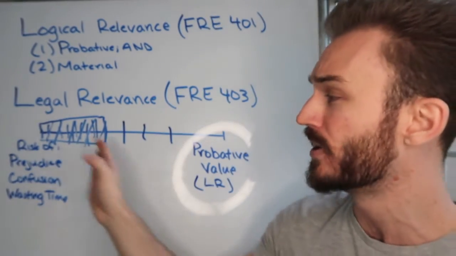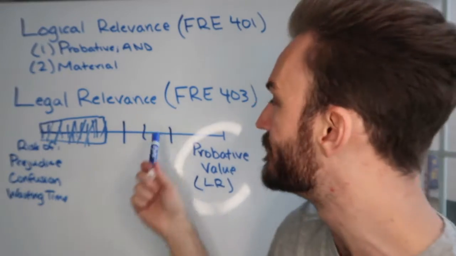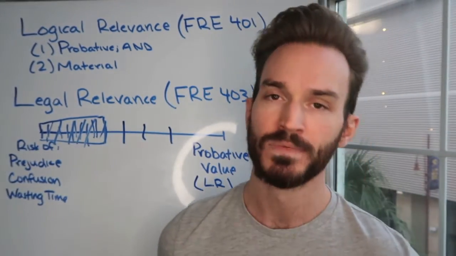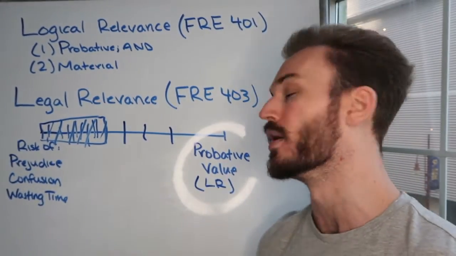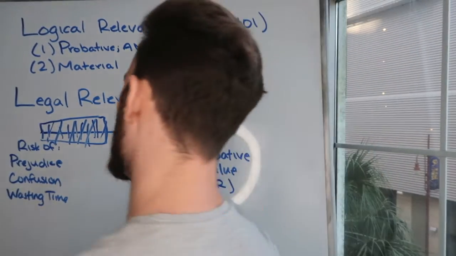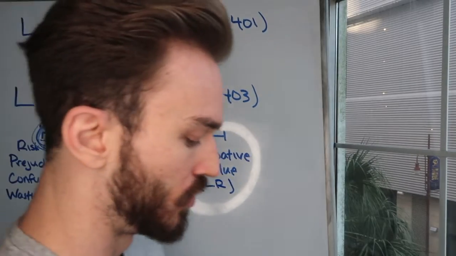If there's risk of unfair prejudice and little probative value, it's probably going to fail a 403 test under legal relevance. Again, the rule is that the probative value of the evidence is substantially outweighed by the unfair risk of prejudice, which could be this zone on the spectrum.